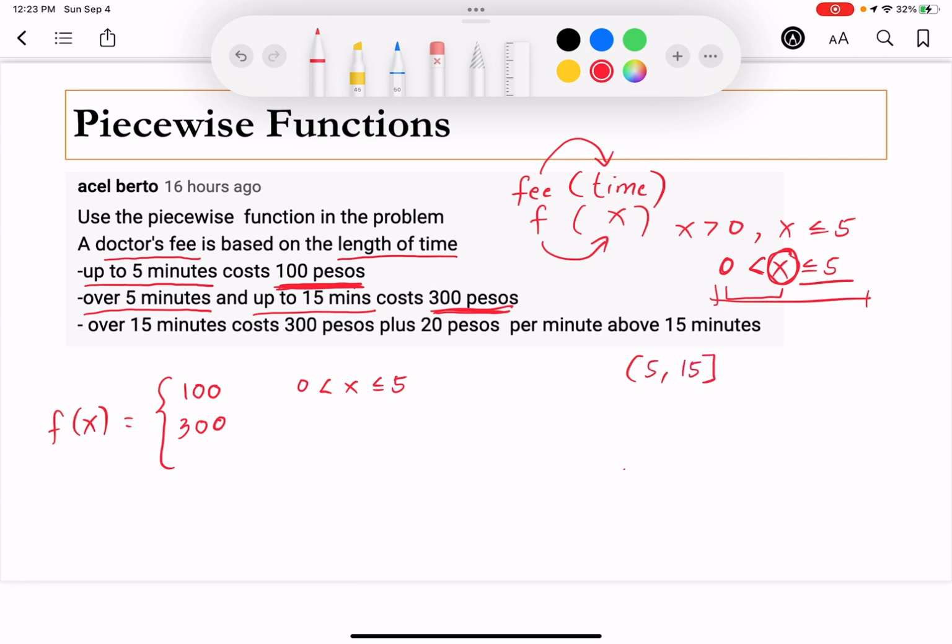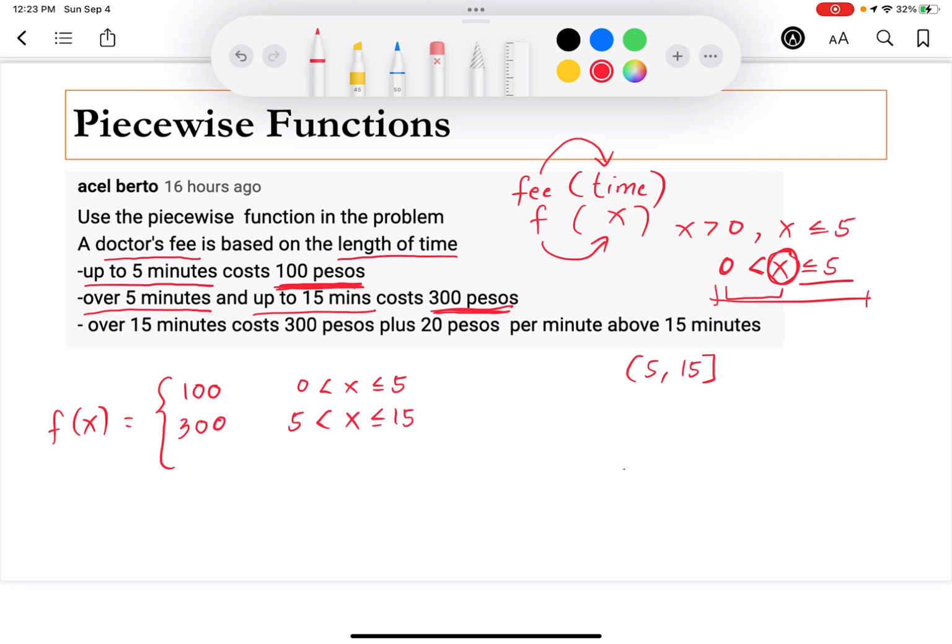Okay? But how can we write that as an interval notation or as a set builder notation? So, x here, x is what? Greater than 5 minutes, but less than or equal to 15 minutes. That's how you would write that.